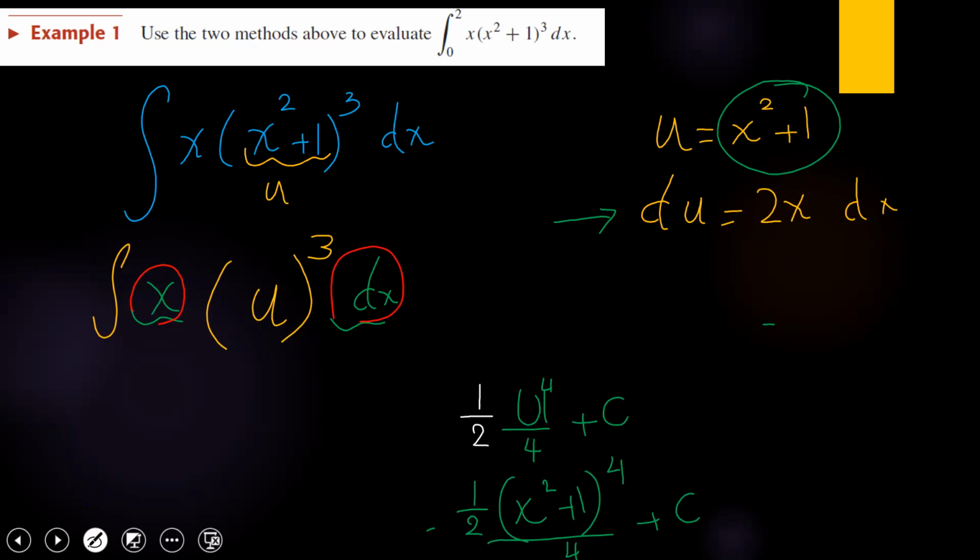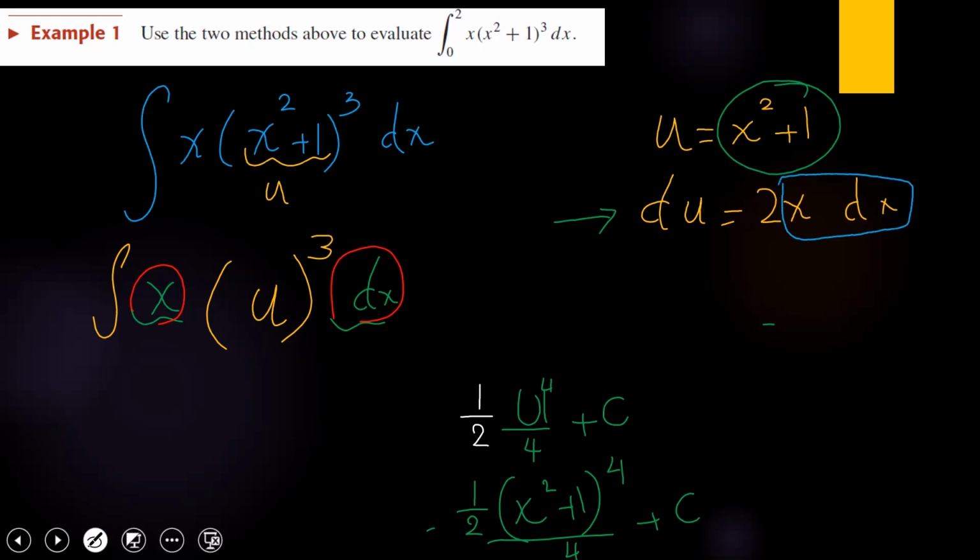I want to cancel x and change it to the other variable, u. How? I said that du is 2x dx. But I have x dx, I don't have 2x dx. I need only x dx.